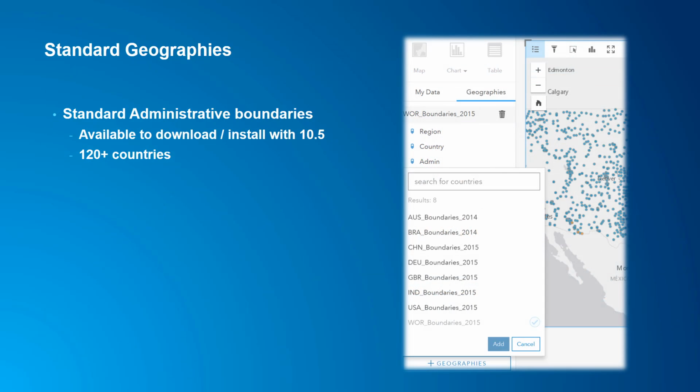One important thing to mention also is that Insights comes with standard geographies that will allow you to map your information based on zip codes or based on state names, you name it.